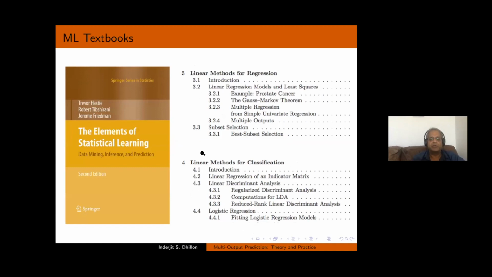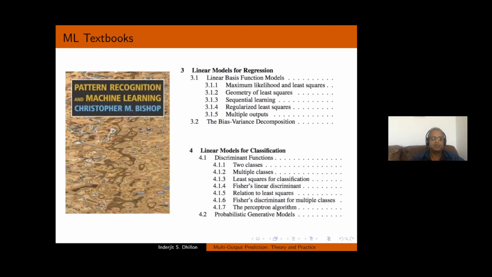And most of the material in these chapters is about the single output case, except there is a small subsection, I think around 2-3 pages in this book, on multiple outputs. Similarly, if you look at the machine learning textbook by Chris Bishop, they were published around the same time, and very similar.